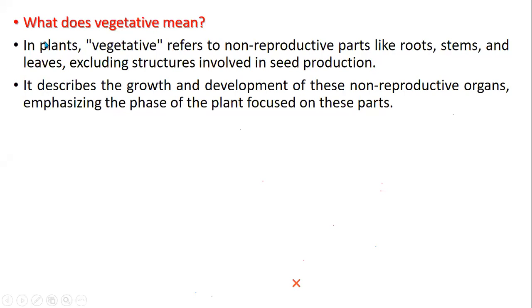So vegetative refers to non-reproductive parts like the roots, stems, and leaves, excluding those involved in seed production. So if a plant can find other ways of reproducing without seeds, then whatever organ it has used is said to be vegetative. So when we say something is vegetative, we are describing the growth and development of those non-reproductive organs. Okay?